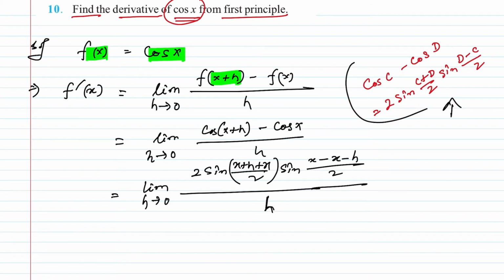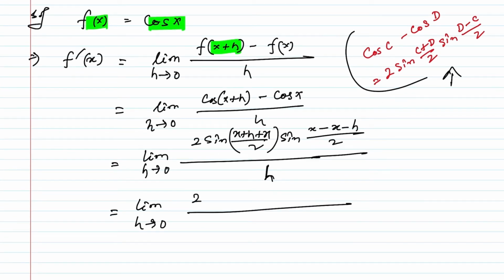We have applied this identity, by h. Then limit h tends to 0, we will get 2 sine of (2x plus h) by 2, and here x minus x is gone, we will get sine of minus h by 2.